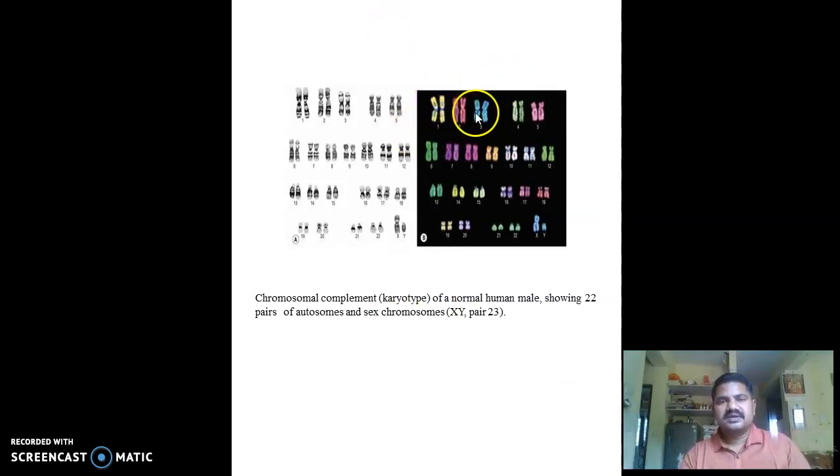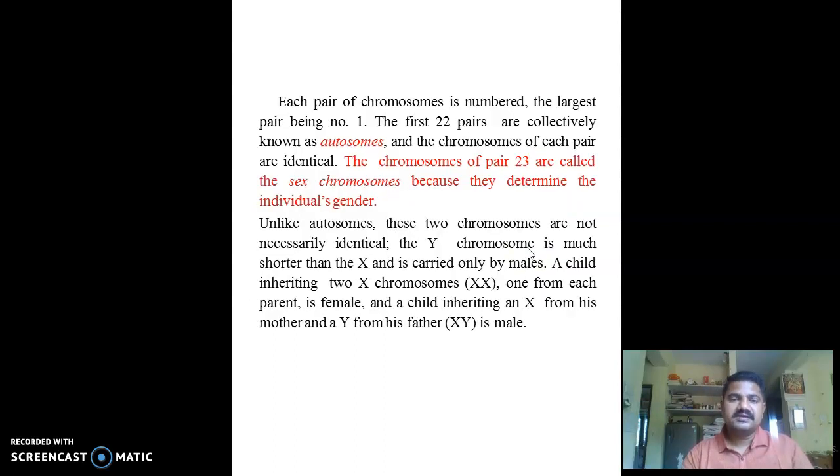There are 23 pairs, 1, 2, 3, 4, 5 like this, up to 22, and the 23rd contains the X and Y chromosomes. So this is the sex chromosome pair, which determines the sex of the person, that is male or female. The other 22 pairs are called autosomes, and the 23rd is called the sex chromosome.